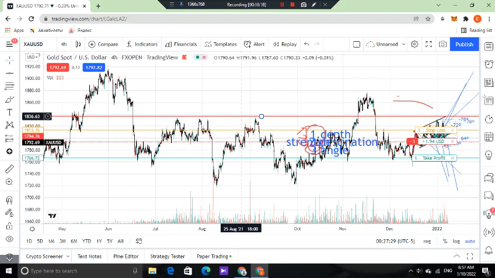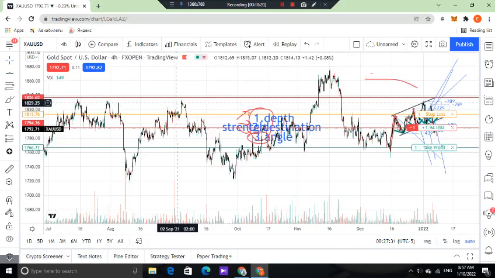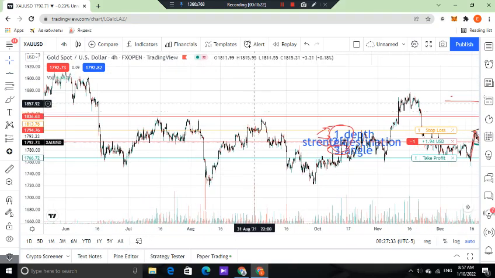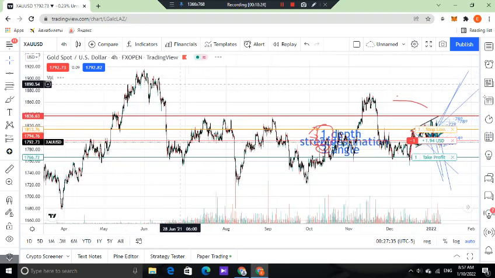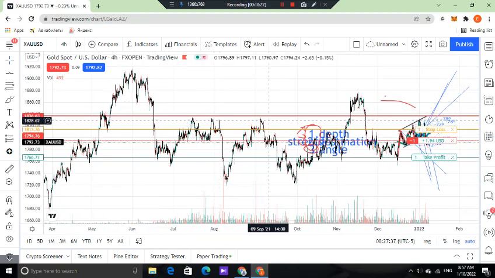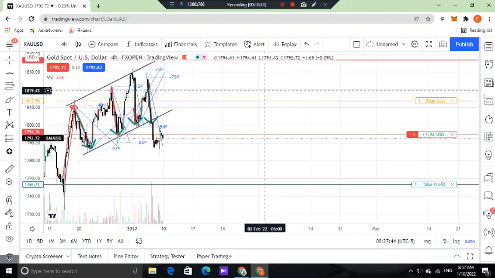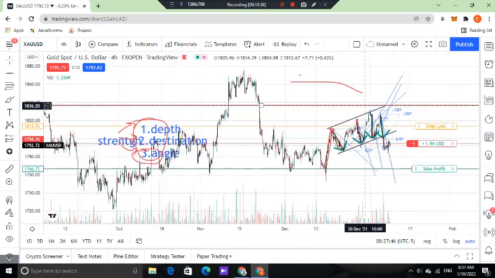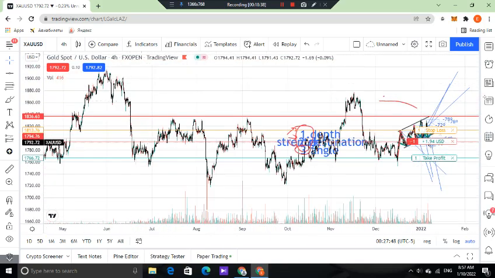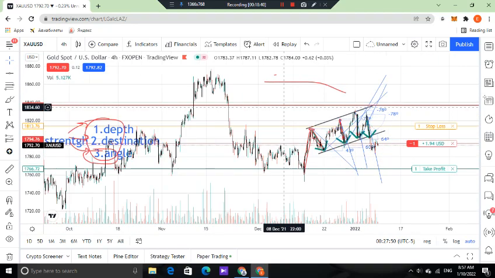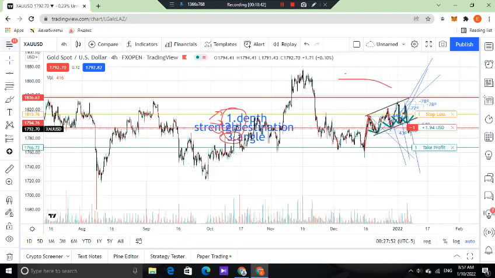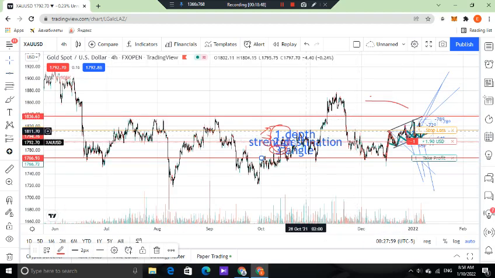After all, we have this resistance level here. We had several reversals, a lot of reversals from this point, and here we are again. So I expected to see a reversal at this top.